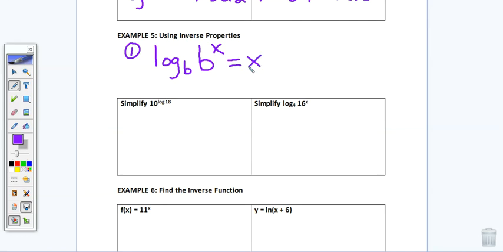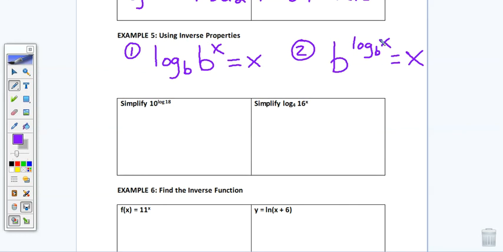So in this example, it says simplify, and we'll talk about this one in a second. Your other rule is going to be this one. If you ever have b to the log base b of some value x, like this, this is going to equal x.